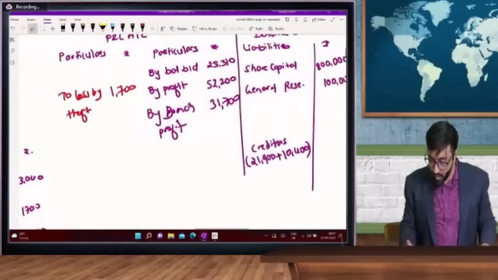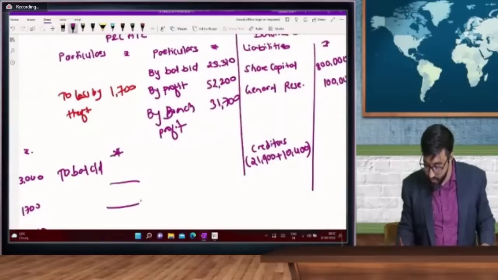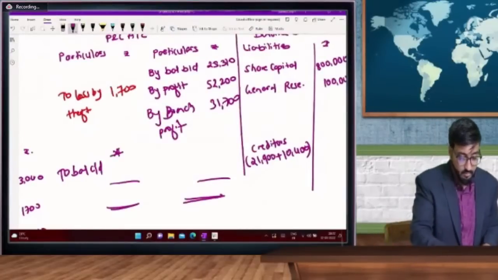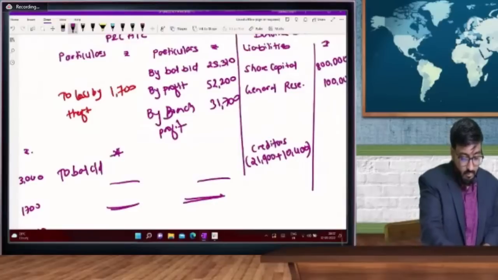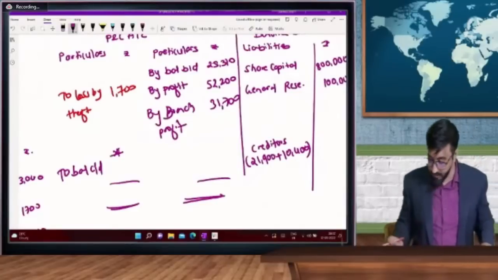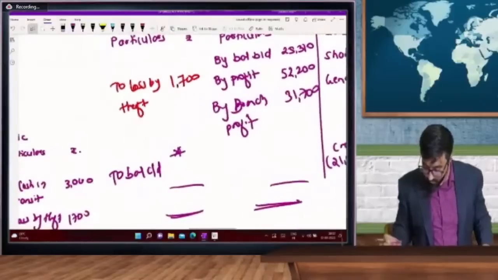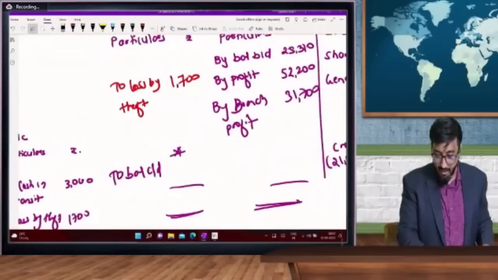Now profit and loss account, tell me the balancing figure. Balance carried down, because this is not asked in the question. Still we are doing this. Very easy, beta. See the profit and loss account. Tell me the balance.